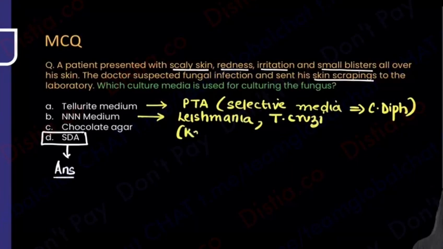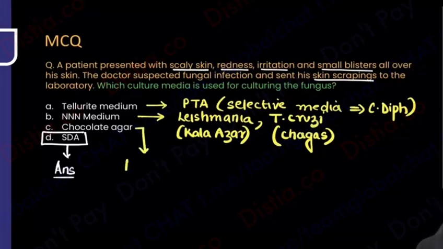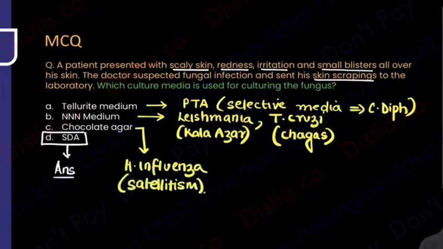So I hope you remember Leishmania was the organism causing Kala Azar, and Trypanosoma cruzi was the organism causing Chagas disease, and for both of these we had NNN medium. Lastly, coming to chocolate agar, can be used in so many things, but one place where it was important was Haemophilus influenzae. Do you remember that concept of satellitism? So yes, Haemophilus influenzae can definitely be grown on a chocolate agar. So over here, because fungus was asked, your answer is simple. It's going to be SDA.